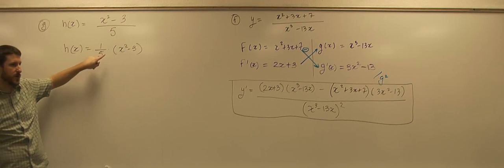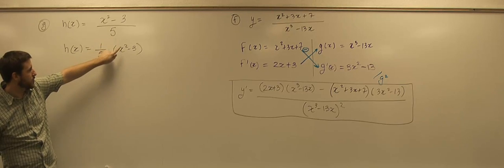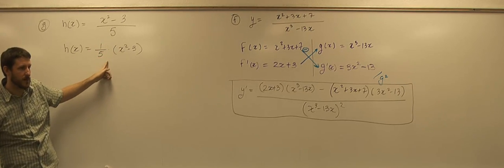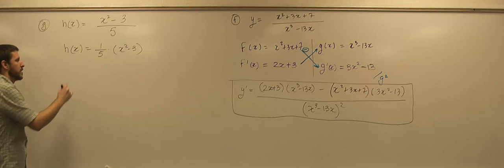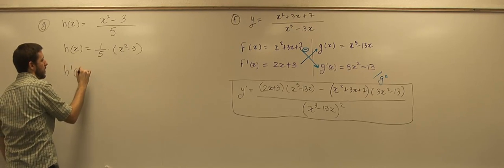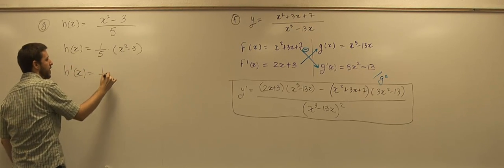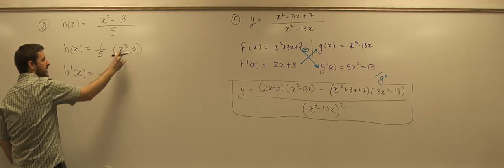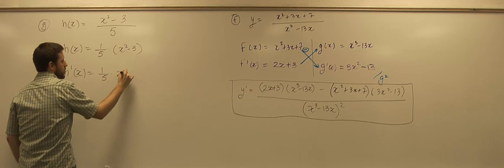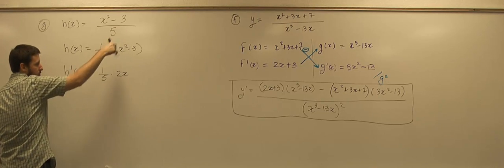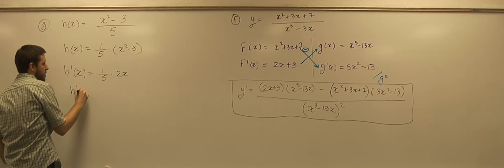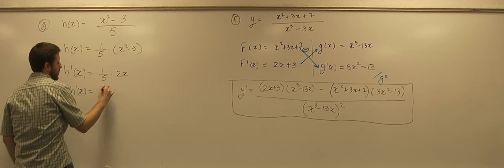When you do the derivative with a constant multiple out front, you just do the derivative of the x part and then multiply by the constant. So h prime here will be 1/5 times the derivative of the inside here. Just 2x. 3 goes to 0. So altogether, h prime of x is 2x over 5.